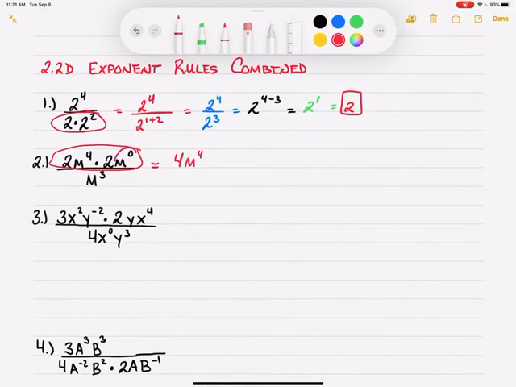And if you look at m to the 0, you know that's going to be 1, so we really don't need to look at it. In the denominator, I have m to the 3rd. Again, this is going to be the quotient rule, which says when I divide like bases, I subtract exponents. So this is going to equal 4m to the power of 1.